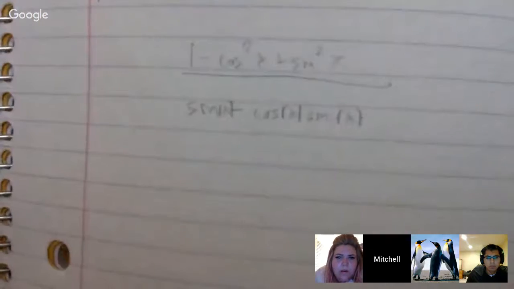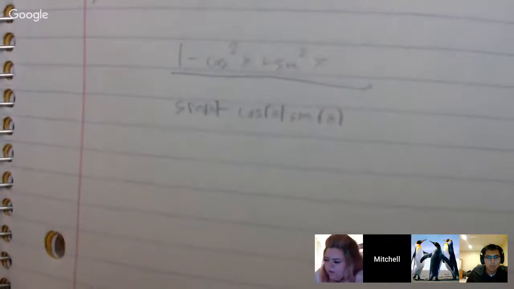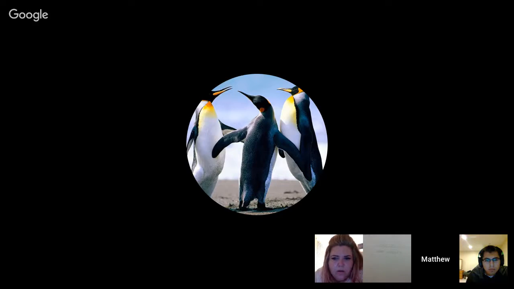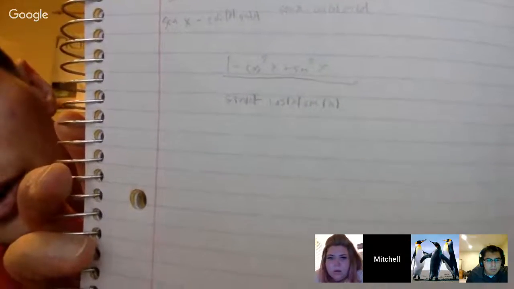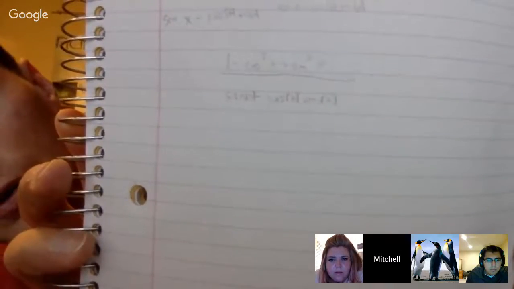So does it turn out to look like this? Yeah, I think so. That's what I wrote down. I can't see it. Not better. So I have it as 1 minus cosine squared x plus sine squared x over. Oh. That's the same thing.